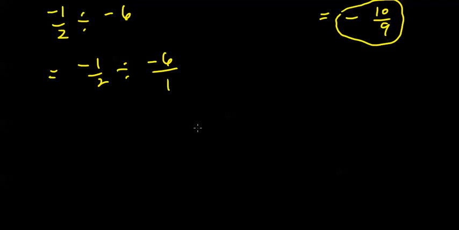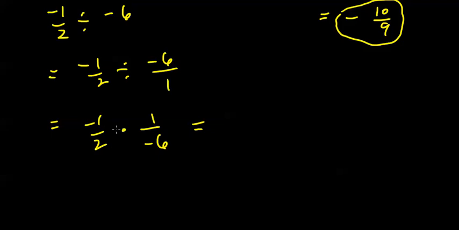I can rewrite minus 6 as minus 6 over 1. And then I can apply my keep, change, flip motif in dividing fractions. So I turn it into a fraction multiplication problem by inverting the divisor fraction and multiplying by the numerator fraction.